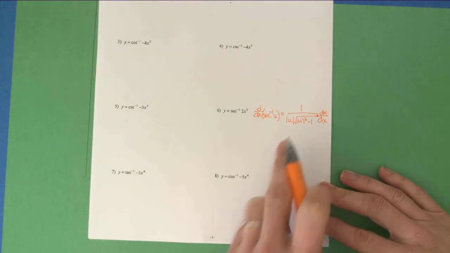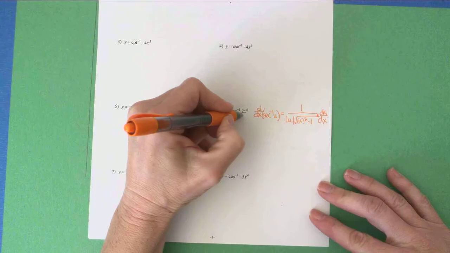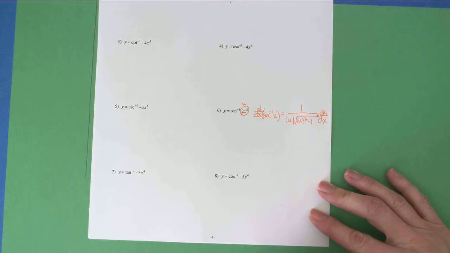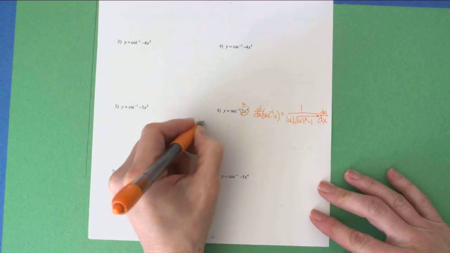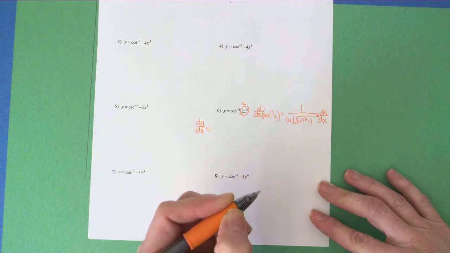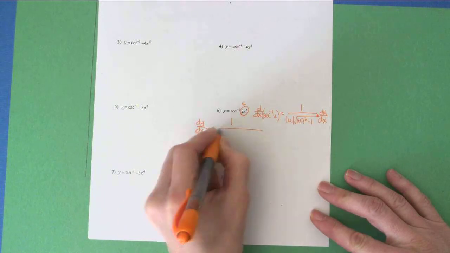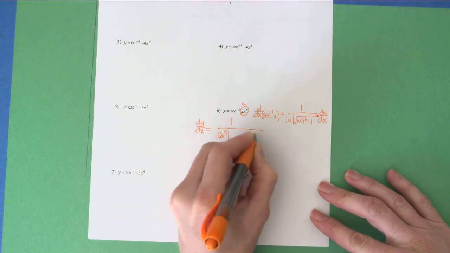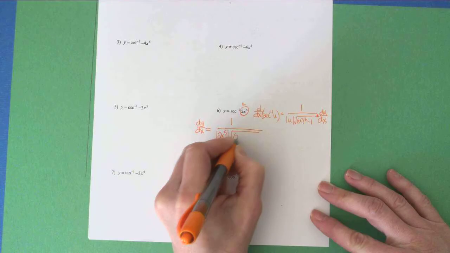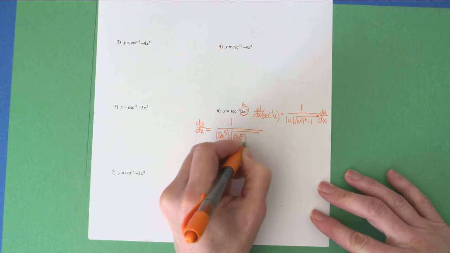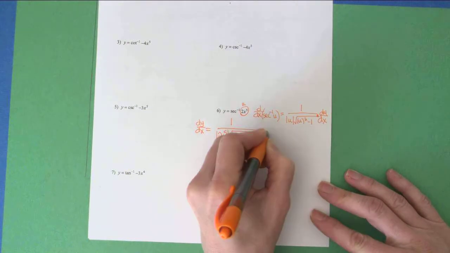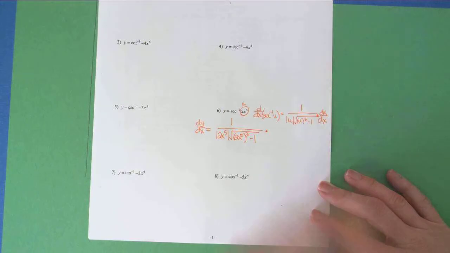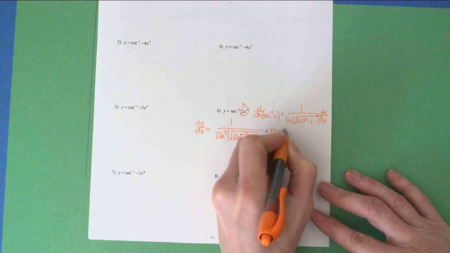Using that formula, with 2x to the 5th as our u, I'm going to take the derivative. So dy dx equals 1 all over the absolute value of 2x to the 5th times the square root of 2x to the 5th squared minus 1, times the derivative of u, and by the power rule, the derivative of 2x to the 5th is 10x to the 4th.